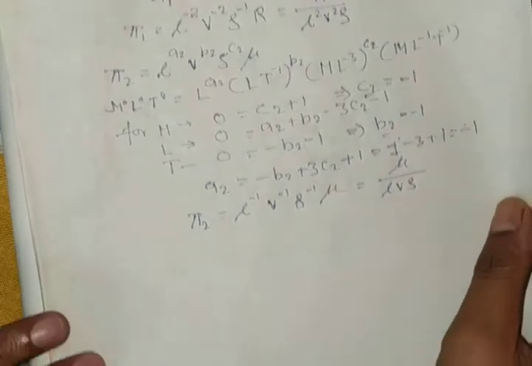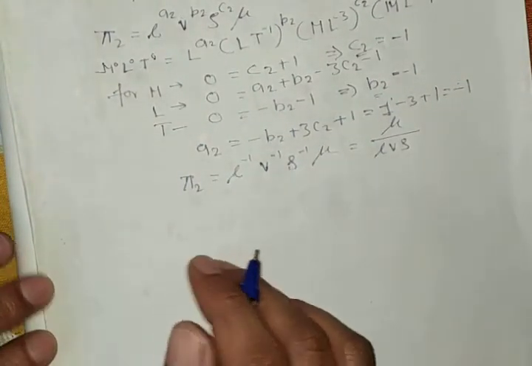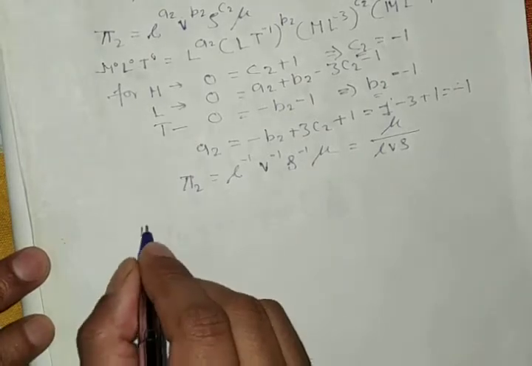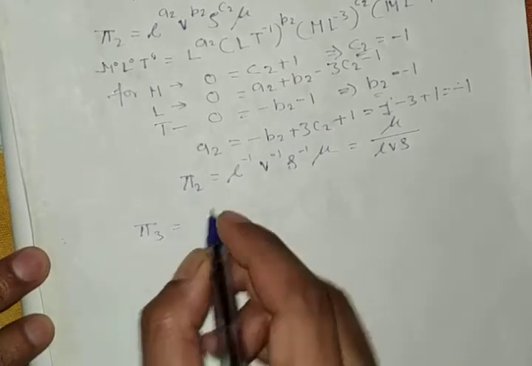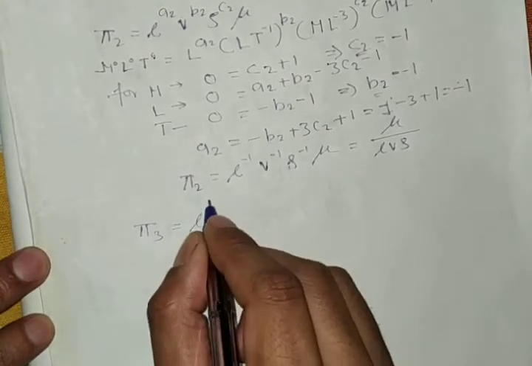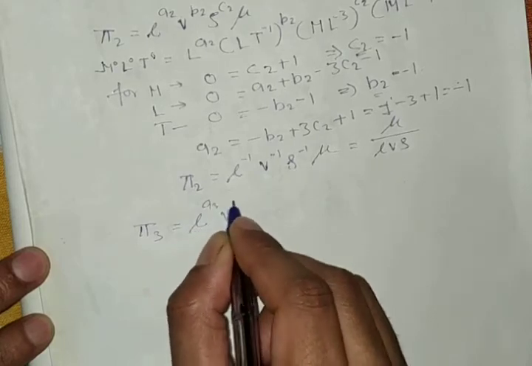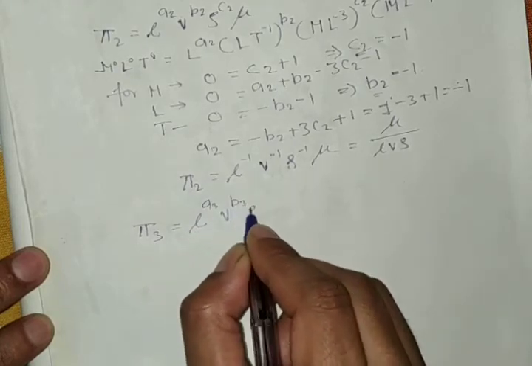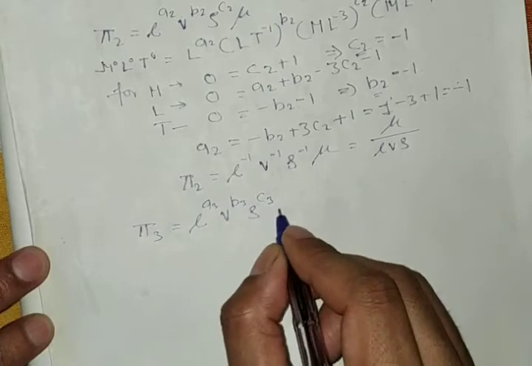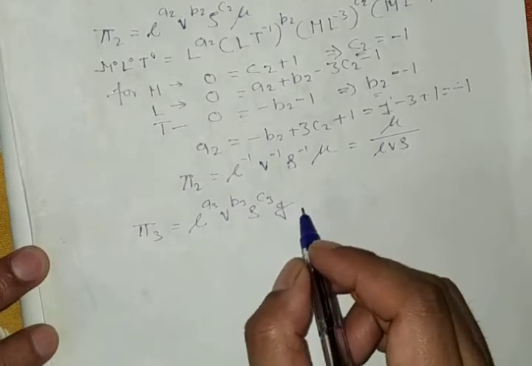So let's do the same process for pi 3. So L^A3, V^B3, rho^C3, and it is gravitational acceleration g.